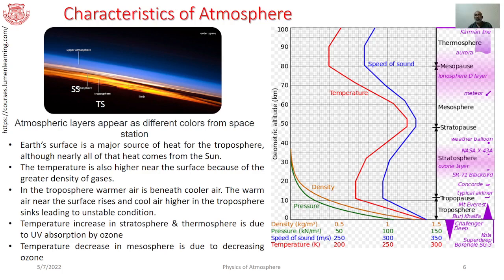So, as we consider the geometric altitude at 0 kilometers, the density of the atmosphere is around 1.1 to 1.2 kg per cubic meter.